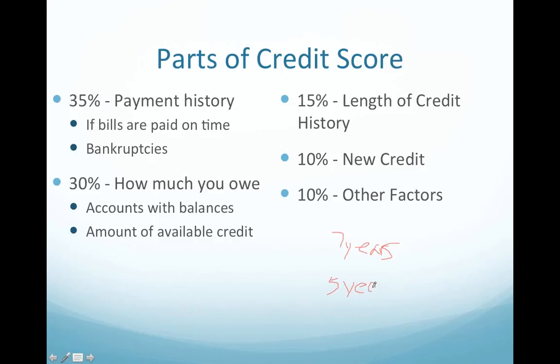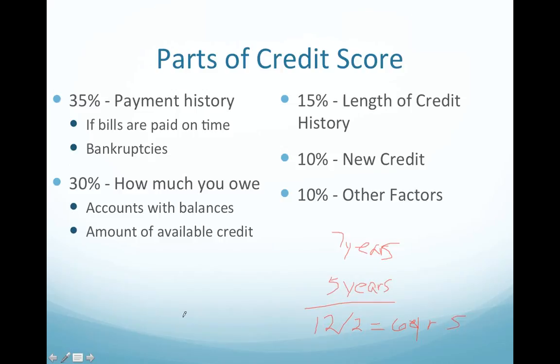So what they do is they take these two things and they find an average. They add them together, 12, and then because there's two of them, they divide it by 2. And then that tells them that the length of your credit is 6 years. I'm going to just put Y years like that.